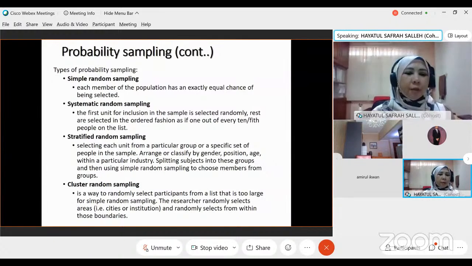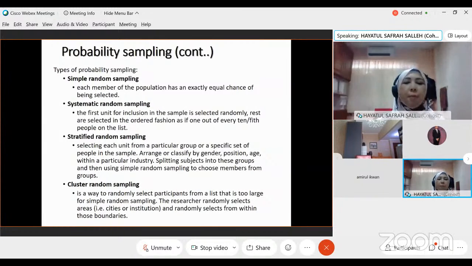Then number 3 is stratified random sampling. So what is this? In stratified random sampling, you select units from a particular group or a specific set of people in the sample.